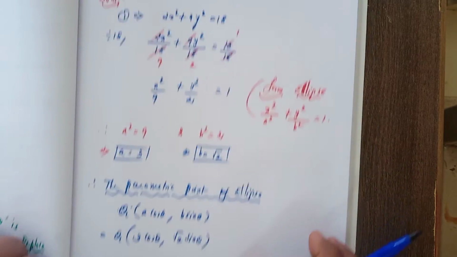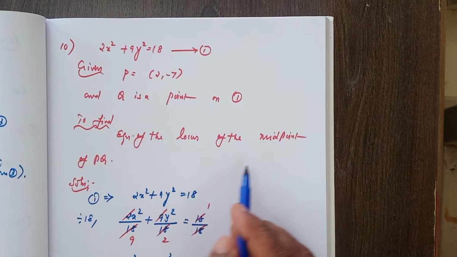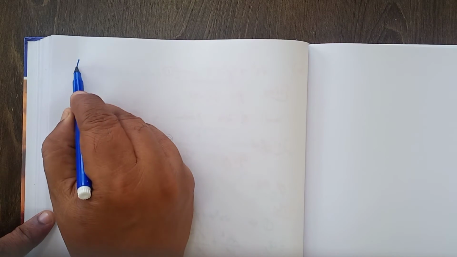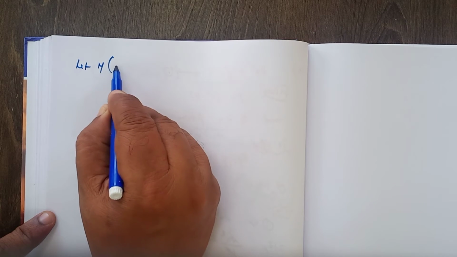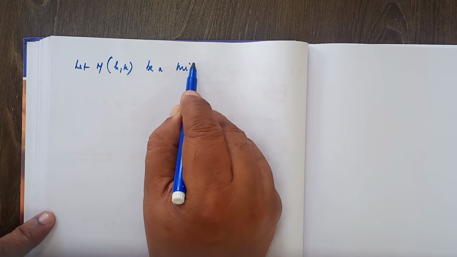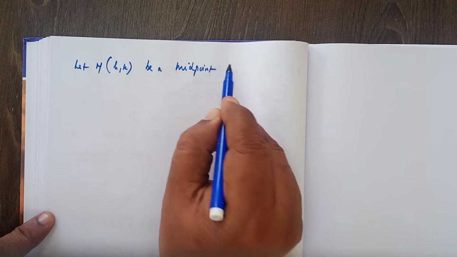Now find the equation of the locus of the midpoint of PQ. I consider the locus point as M(h, k), let M(h, k) be the midpoint of the locus.